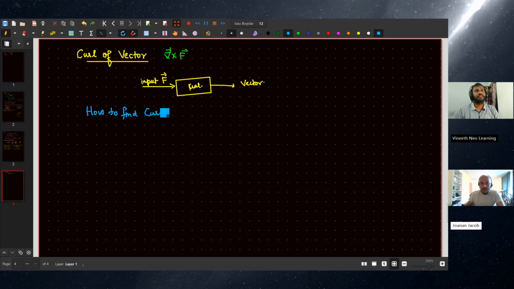To find the curl of a vector, it's as simple as multiplying two vectors.